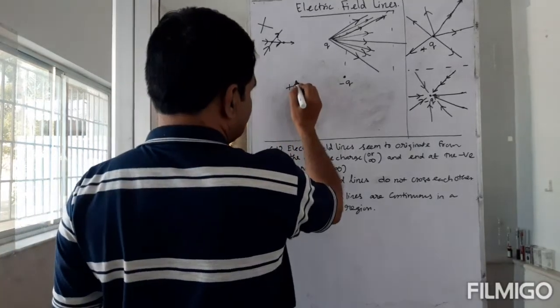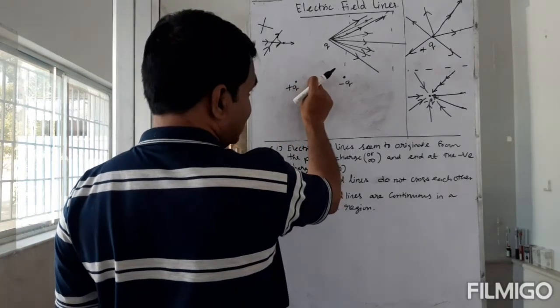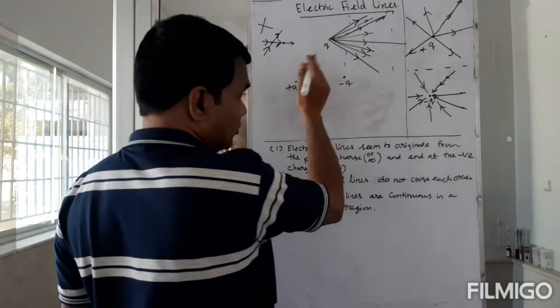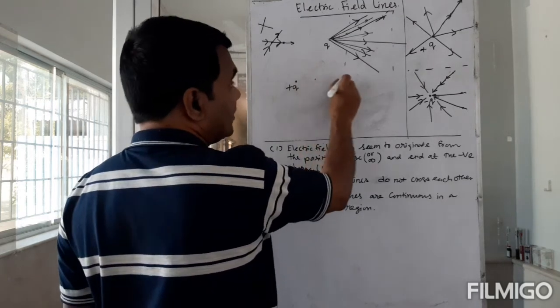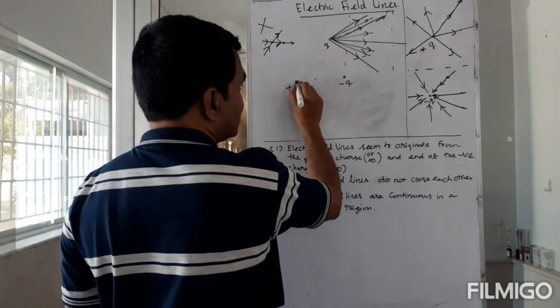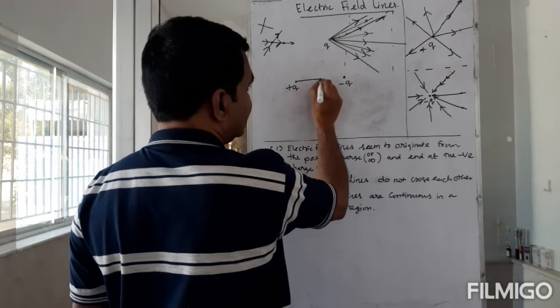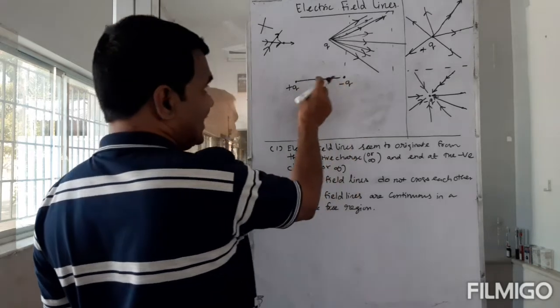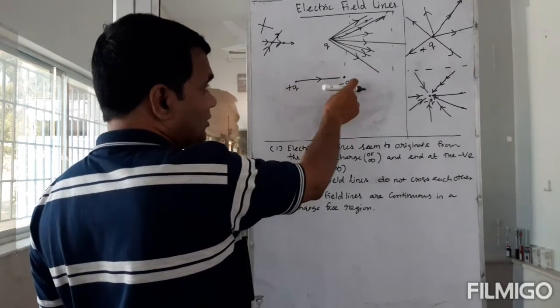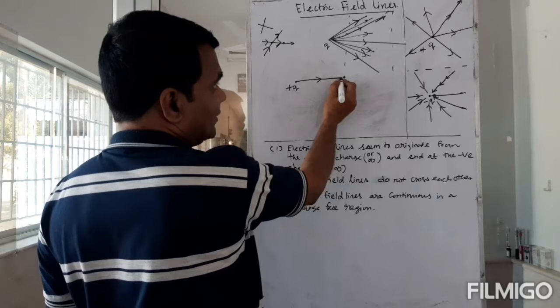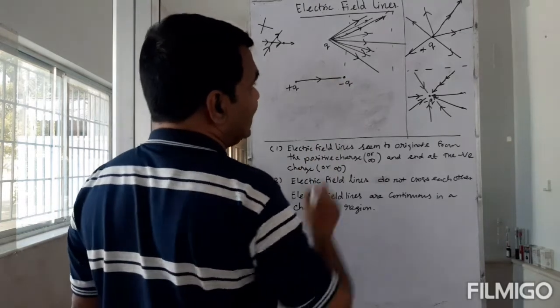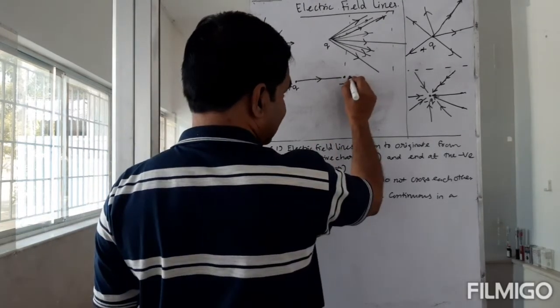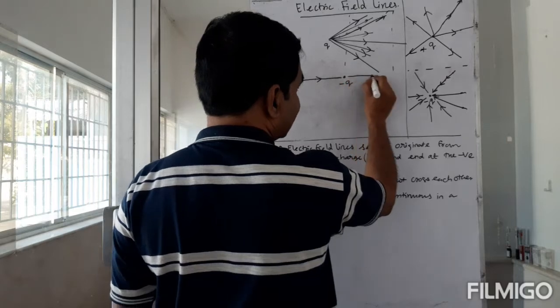The lines will originate from the positive charge, because we keep a unit positive charge here, right? This will repel it, and that will attract it. So the force, E, will be like this. So this line will start from the positive charge and end at the negative charge. See? Now there is a discontinuity. And if I keep a positive charge here, then what will happen? It will get attracted to this.